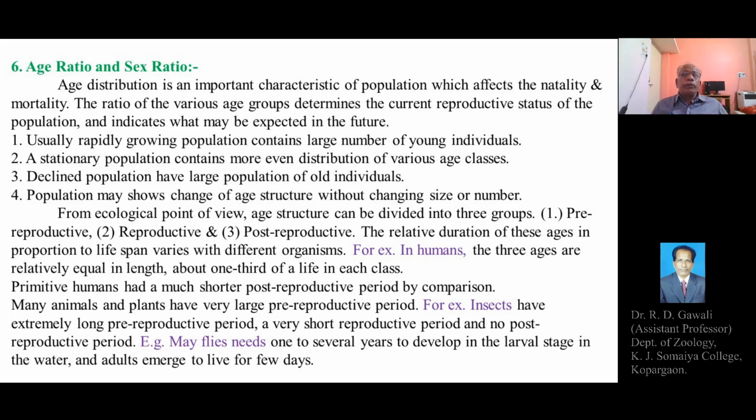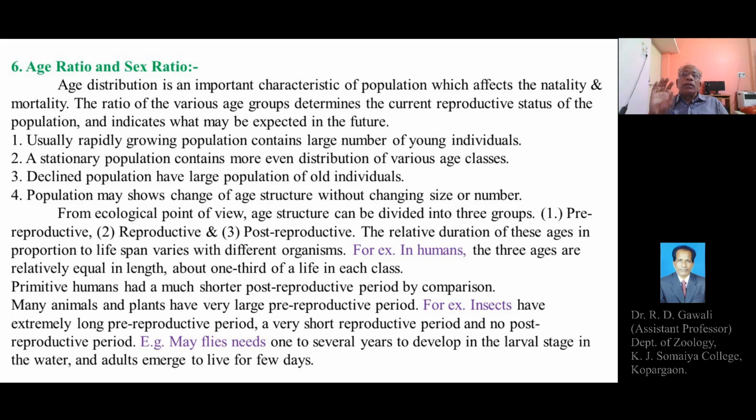From an ecological point of view, age structure can be divided into three groups such as pre-reproductive, reproductive, and post-reproductive. So these are the three age groups on the basis of their reproductive status, or reproduction ability, or breeding capacity.